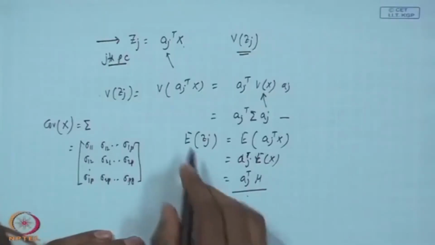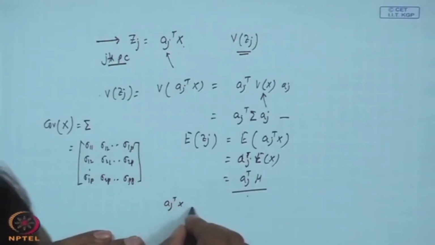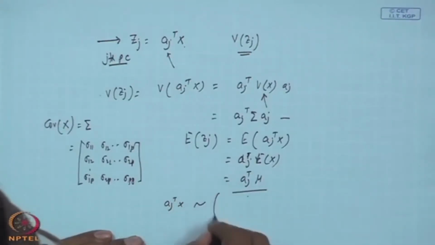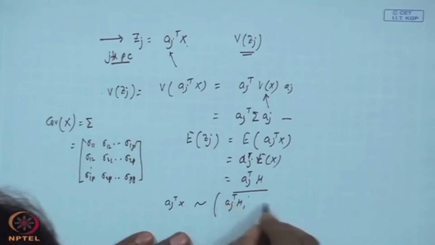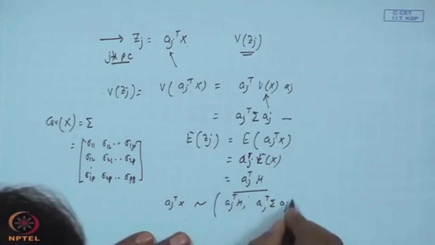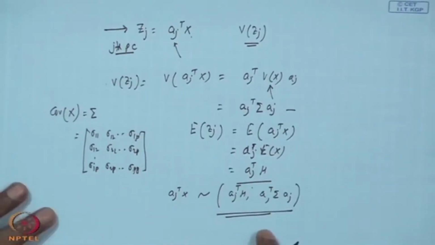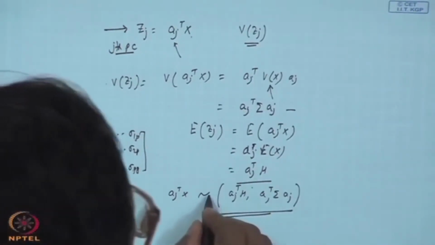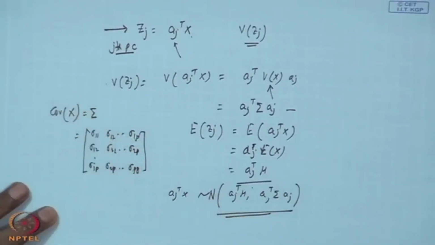So, Aj transpose X has mean Aj transpose mu and variance Aj transpose sigma Aj. If they are normally distributed, then you put normal N.